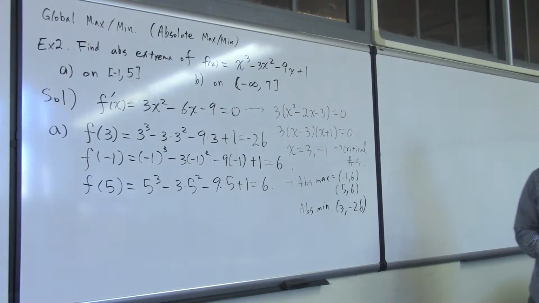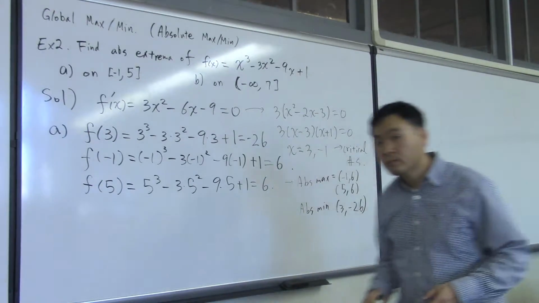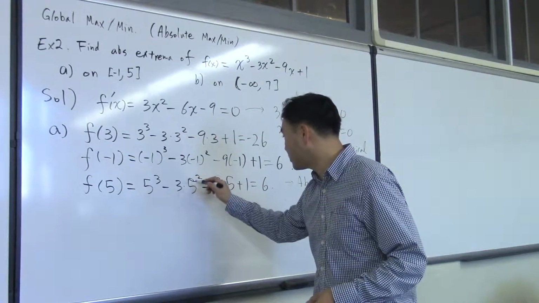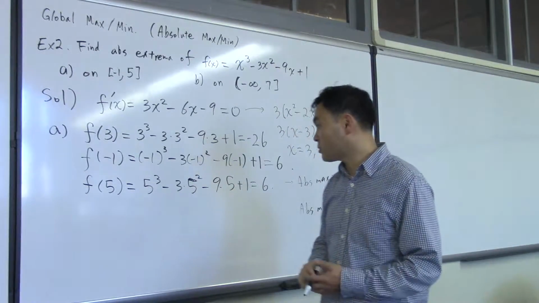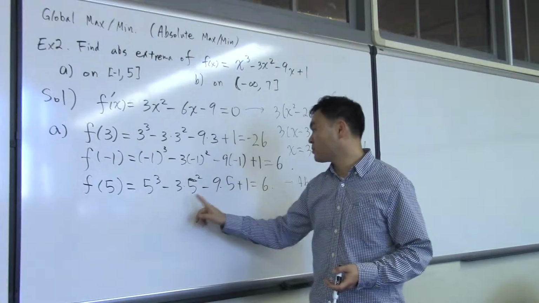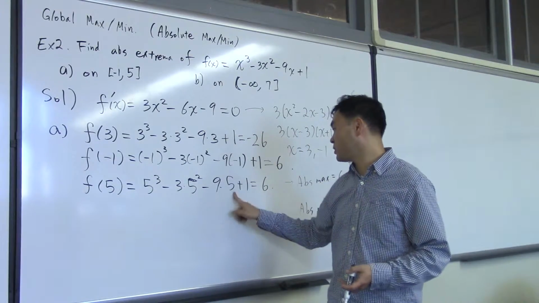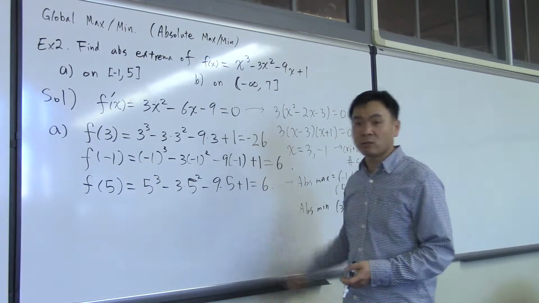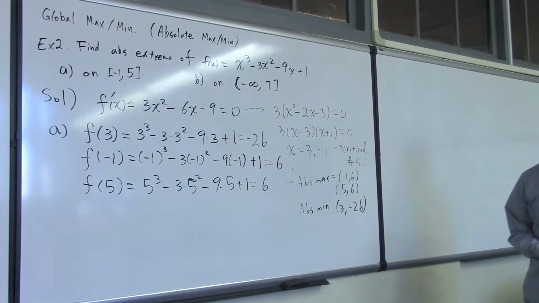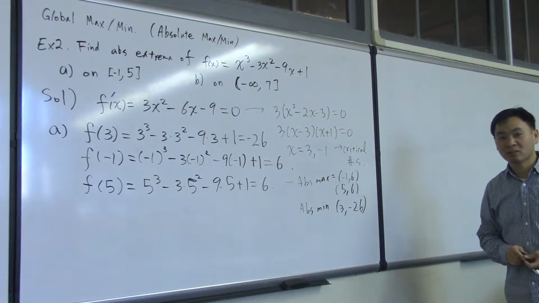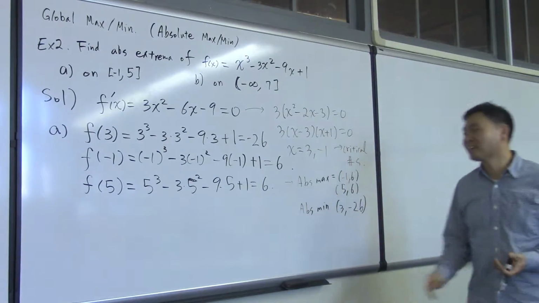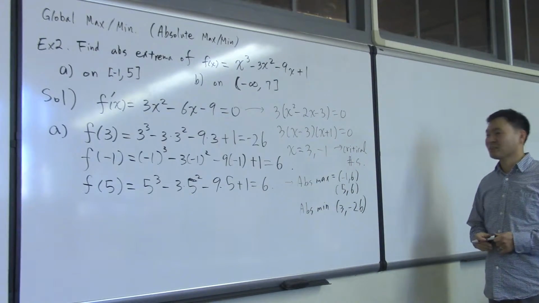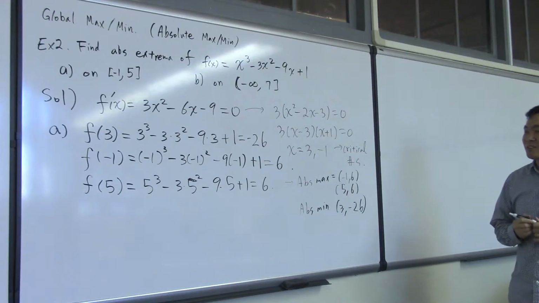Someone questioned whether f of 5 gave 5. Let me see: 125 minus 75 is 50, and that's equal to 6. I'm pretty sure it's 6, and everyone else agrees it's 6. So just check your calculation, it's 6.